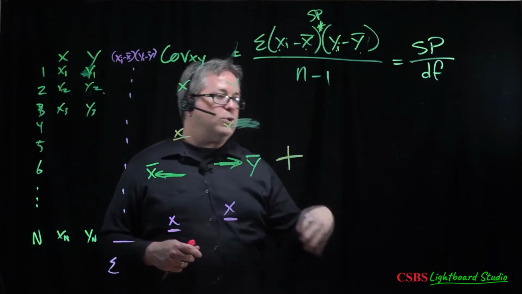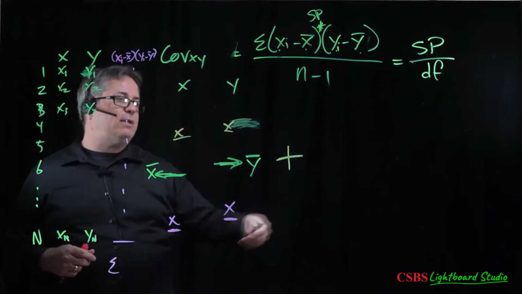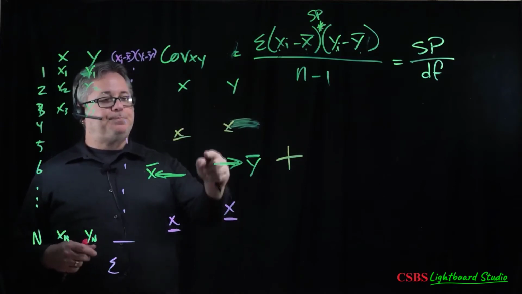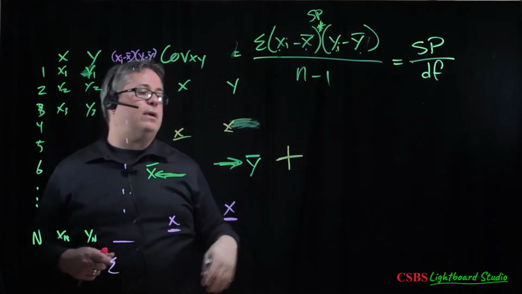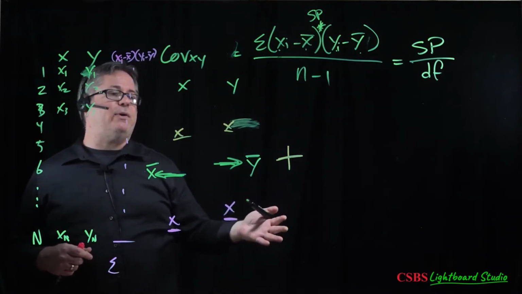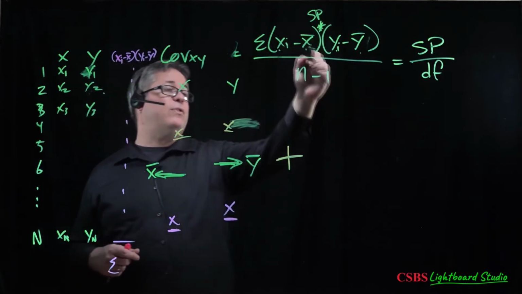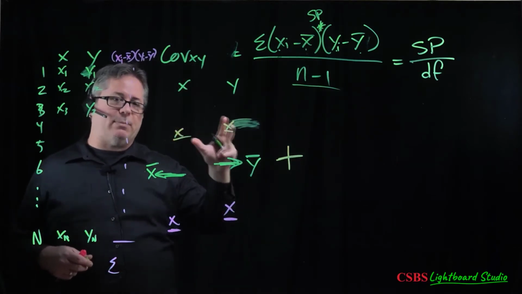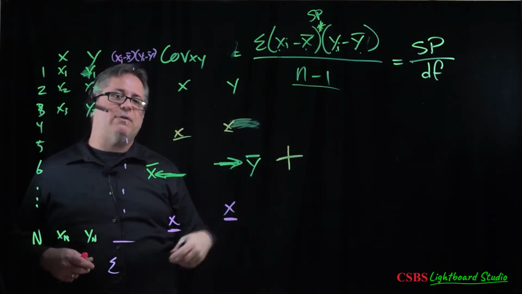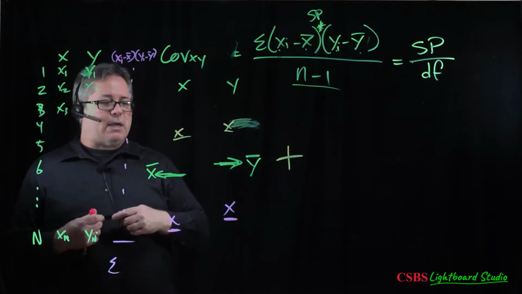Now, for most people, there's a tendency, a trend, to be on the same side of the mean on both x and y. I'm going to get a positive covariance because I'm going to sum all those up and divide by n. I'm pretty much going to get an average that's going to be a positive number because there's a general trend of that. So what about the opposite?